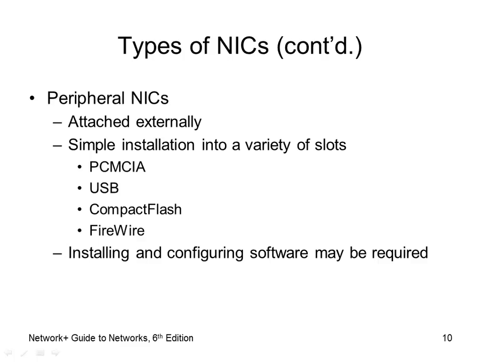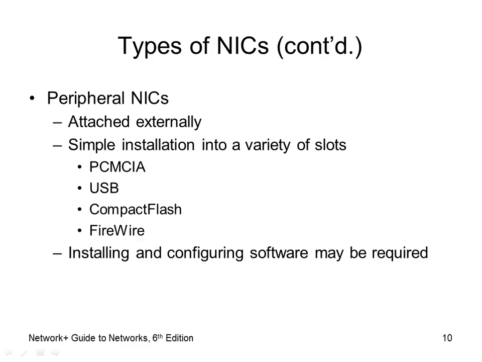You can get a FireWire network card, but that's really only going to be seen on a Mac, and they're not very common. PCMCIA is an older thing that you could add to the side of a laptop that was actually a little card, and those have pretty much disappeared. So has Compact Flash, because USB with USB 2.0 is just as fast as any of those. And now that USB 3 is coming out, it's going to be even faster.